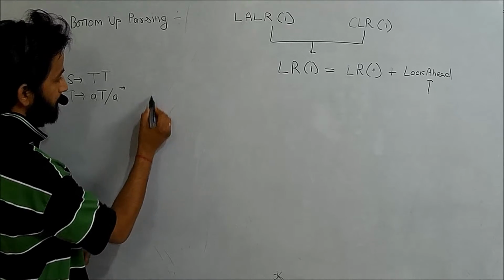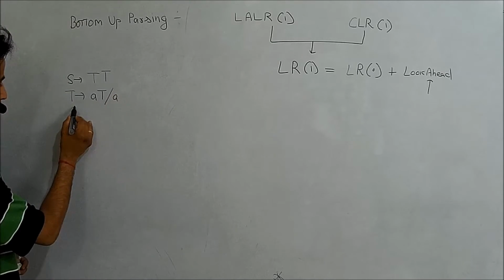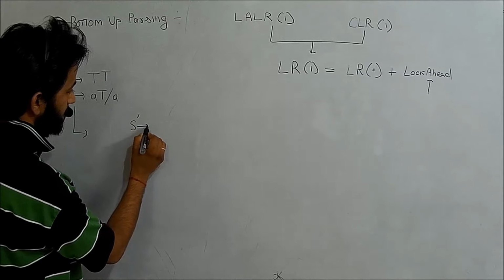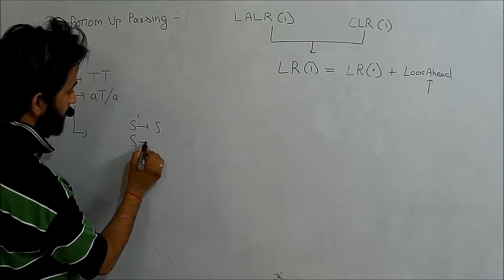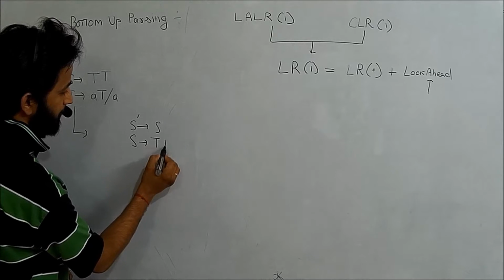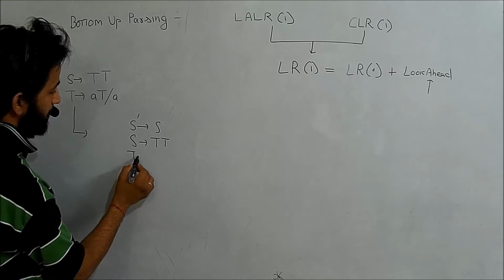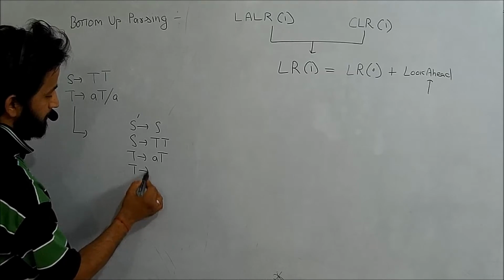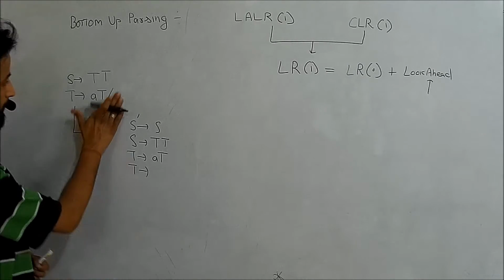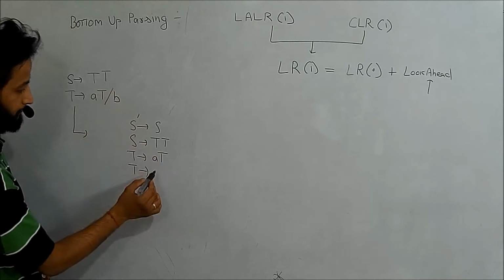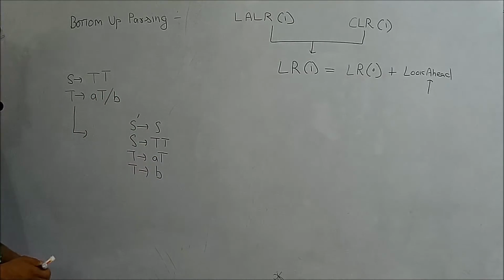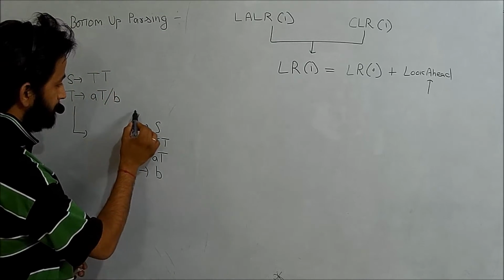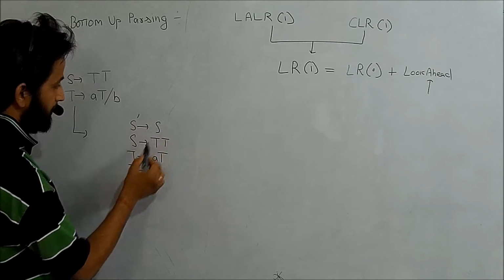After adding the augmented production, the grammar becomes S' derives S, S derives TT, then T derives AT, and T derives B. Now we will write the items.